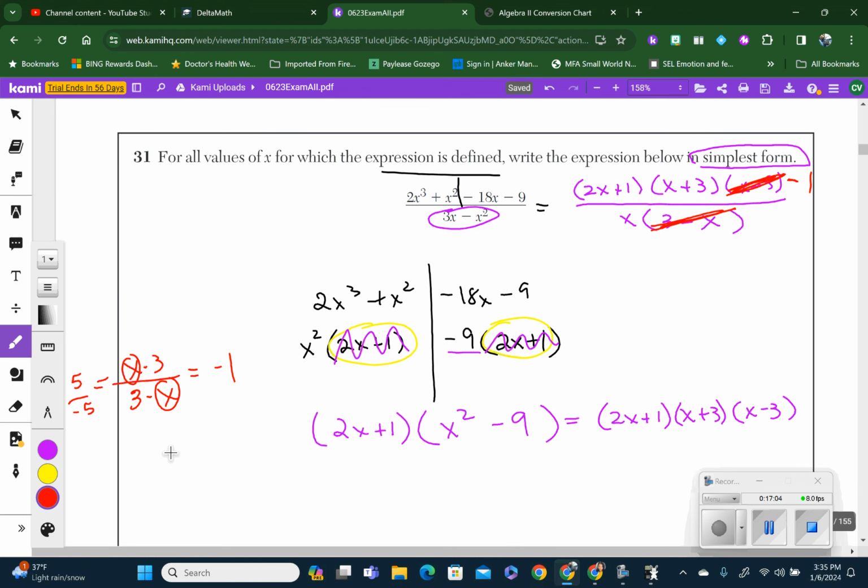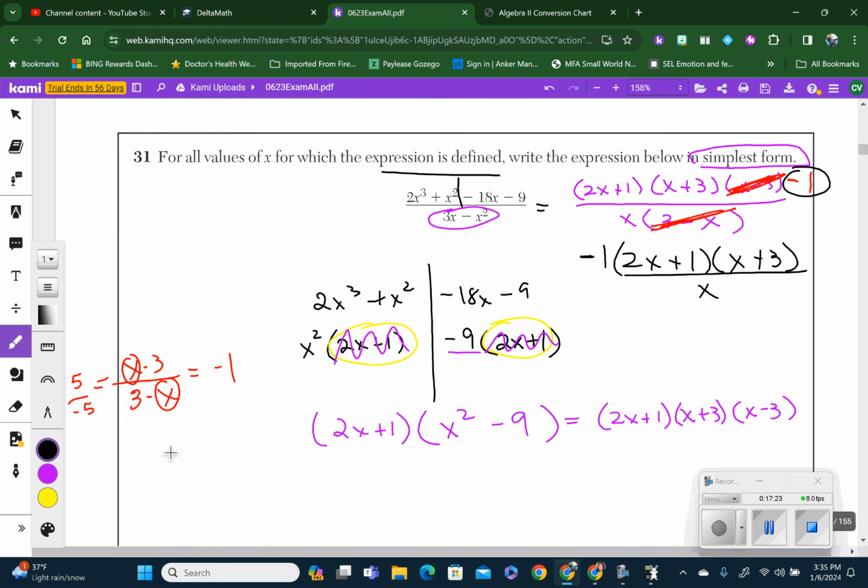So what's my final answer for this question? It's going to equal 2x plus 1 on the top. There's also an x plus 3. And then on the bottom, there's just an x. And we cannot forget that there's this -1. So we could put the -1 here if we'd like. That answer is valid.